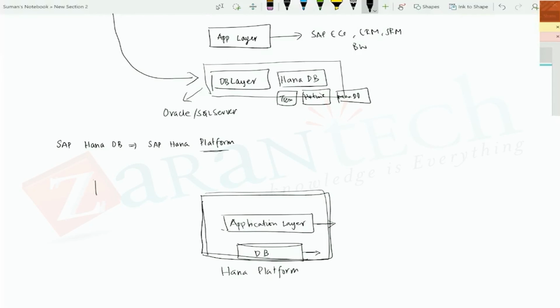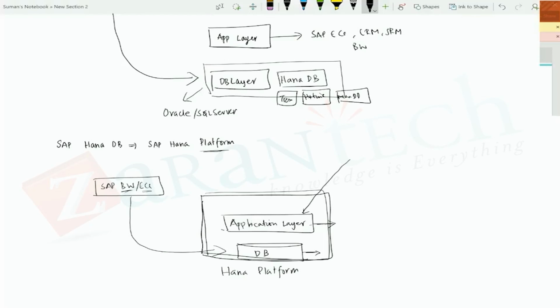Originally, I had to rely on an external application like BW or ECC or so on and so forth and connect it to the database. Let's say, for example, my organization is not running BW or not running any SAP product, but I still want to be able to use the HANA database. I can directly create applications within my HANA platform itself.